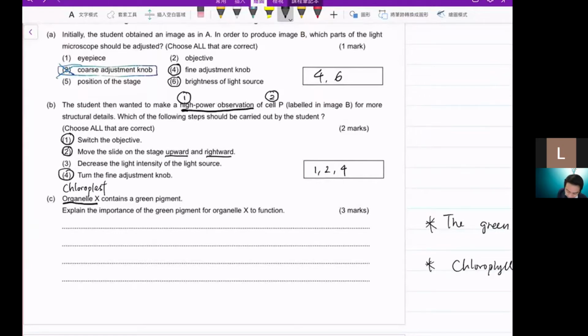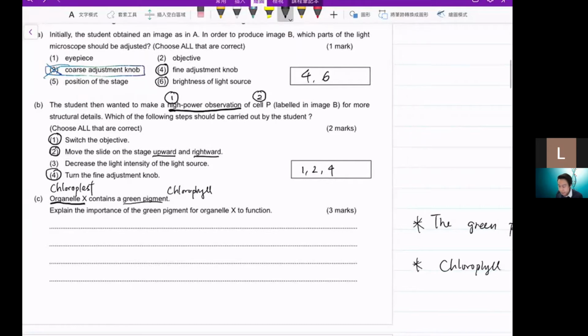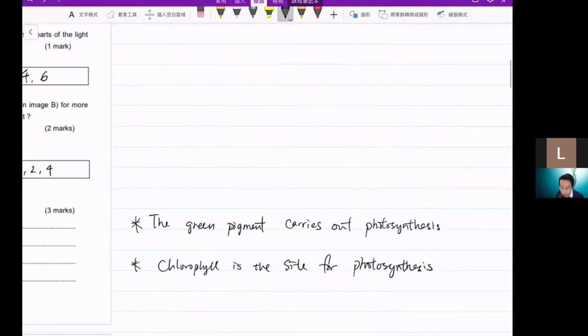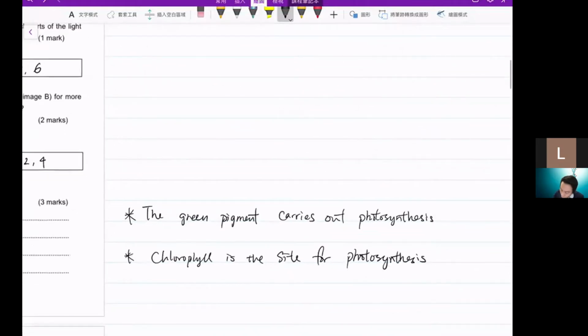And the green pigment is chlorophyll. All right. Many of you will write something like this: first, green pigment carries out photosynthesis, or chlorophyll is the site for photosynthesis. Okay, both of them are wrong concepts.